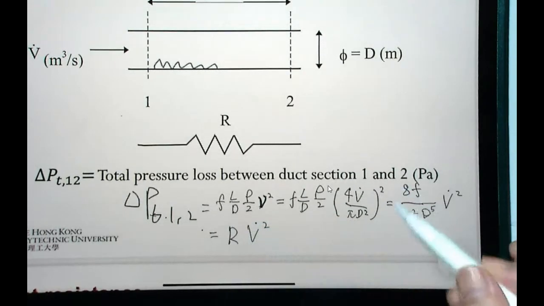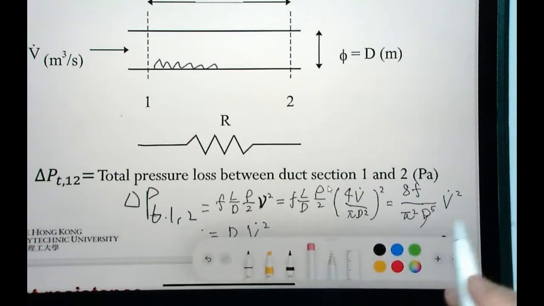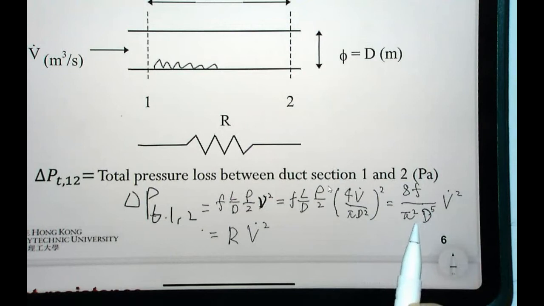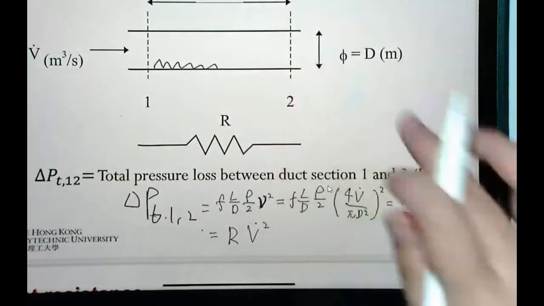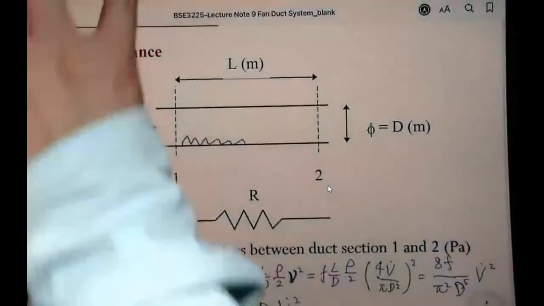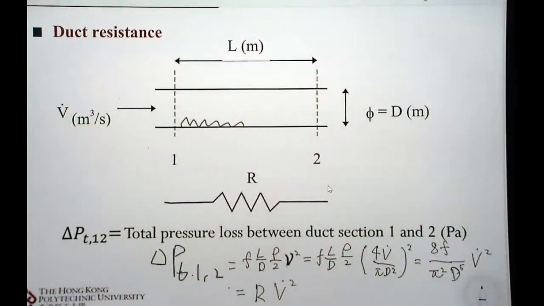You can see that this term here can be expressed with the symbol R, and this term is actually equal to the duct resistance. This is the definition of duct resistance and how we express it, and it's used to calculate the total pressure loss between two duct sections.